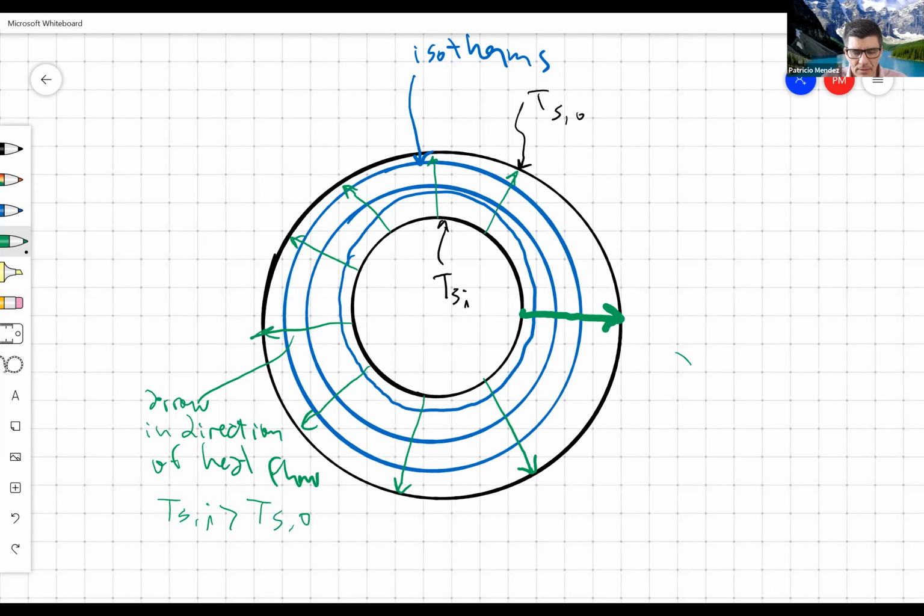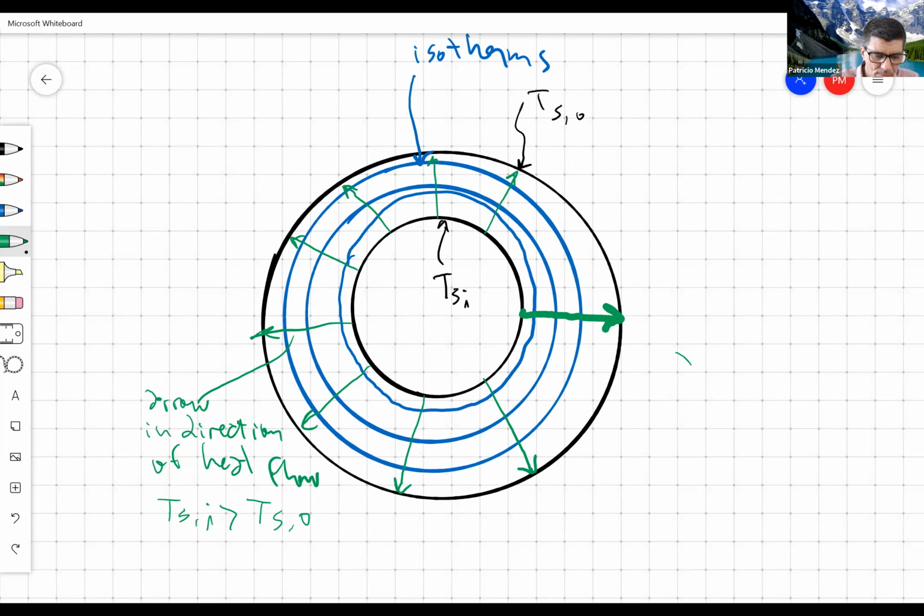So this is what I want you to know, especially that the isotherms and adiabats are perpendicular, and the isotherms or adiabats never cut with their own kind.